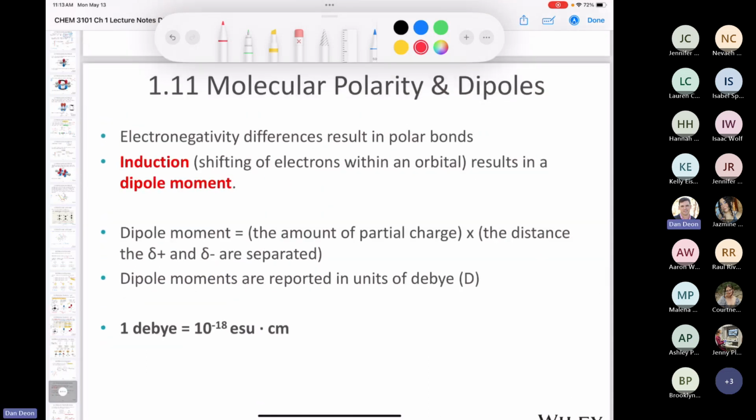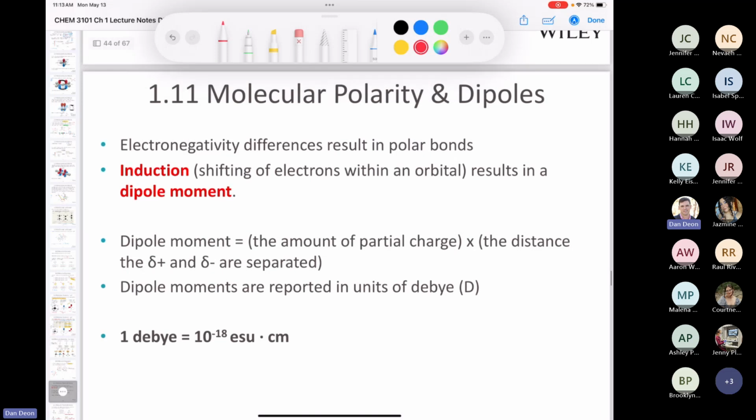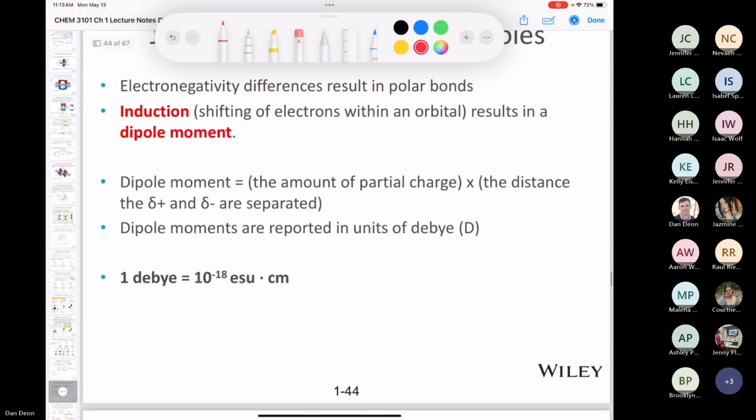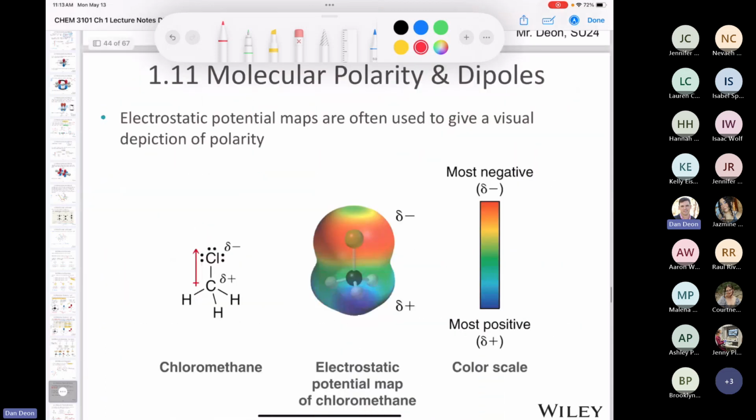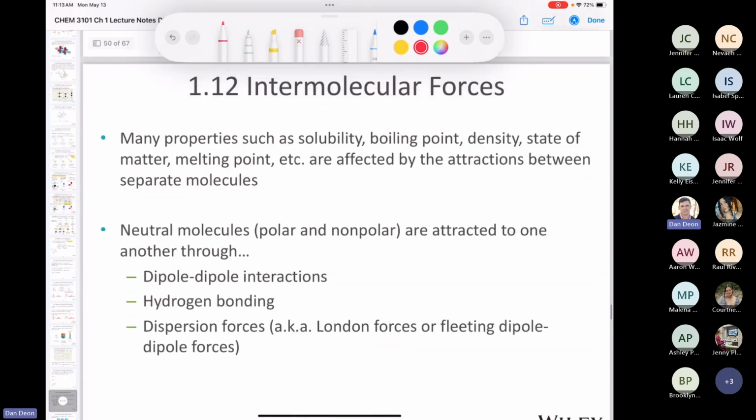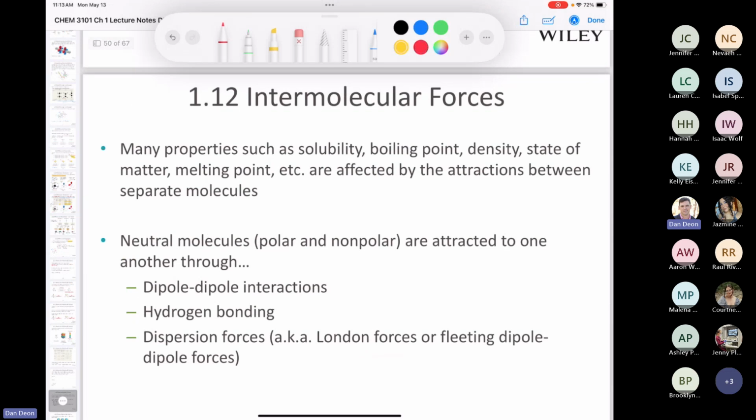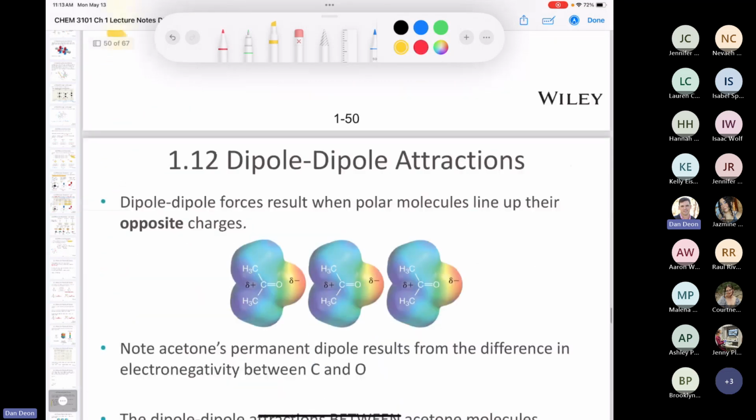Why don't we call it a day, since we covered a lot of content. And what we'll do in tomorrow morning's class is we're going to cover section 1.11. So we'll cover dipoles. Then we're going to cover intermolecular forces. So we're going to talk about dipole-dipole forces, hydrogen bonding, and London forces.